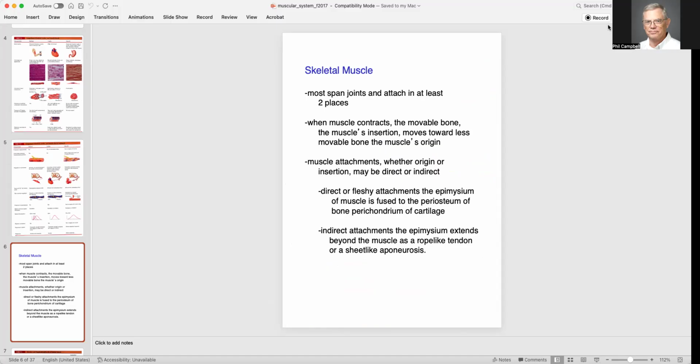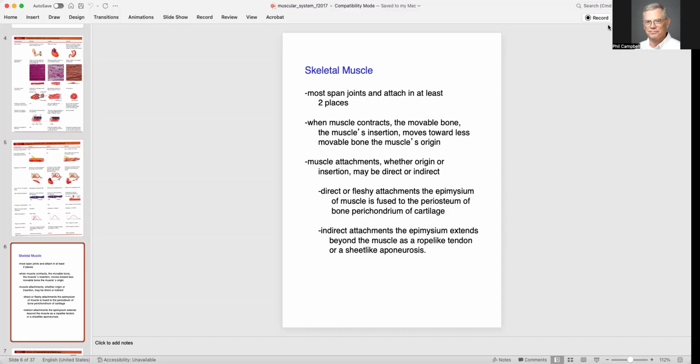Now, right now, what I want you to know going up for quizzes and exams related to this lecture is this. Be aware of the three types of muscles. Be aware of the general differences and similarities that I talked about. That's it. Now, let's focus on skeletal muscles.